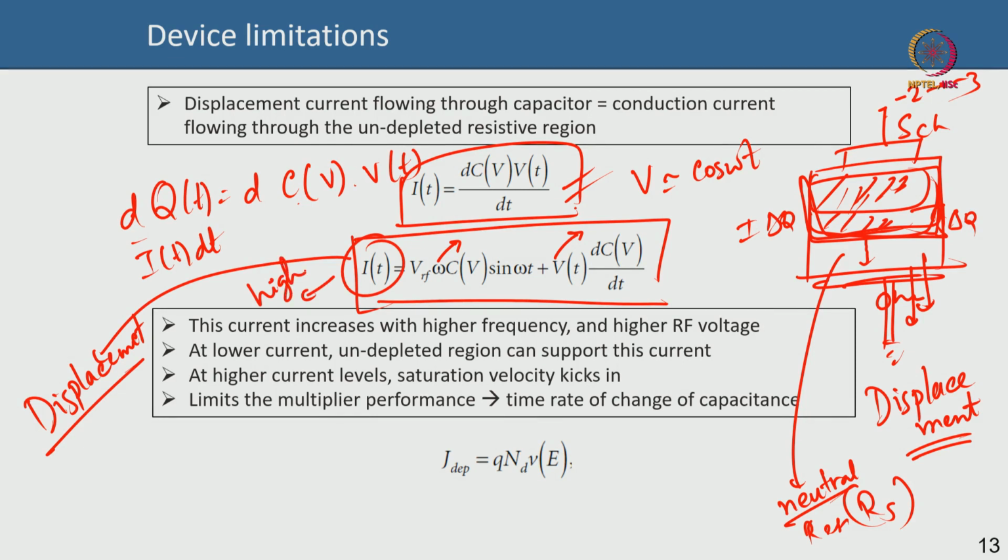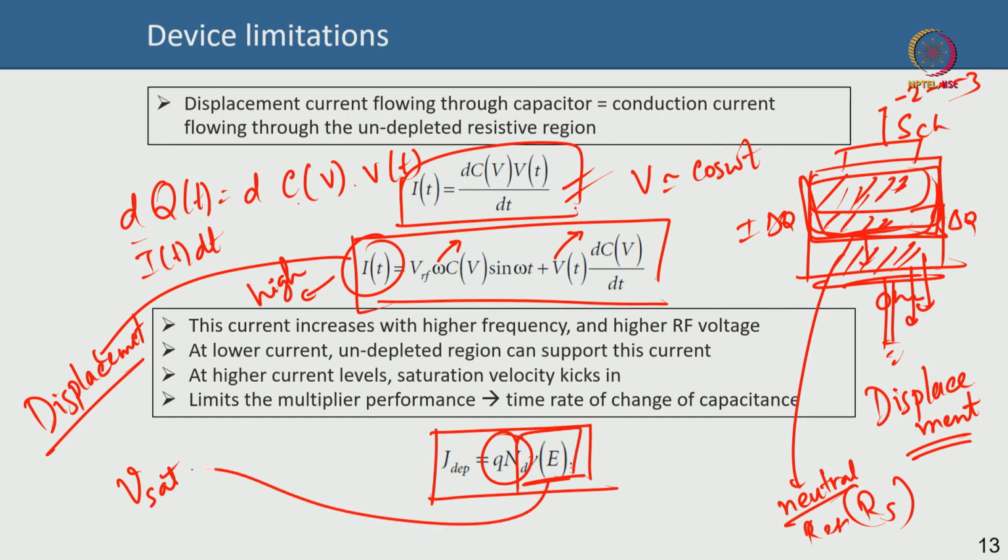At lower or modest current levels, the resistive region can support that, because in the resistive region, the neutral region, there is some voltage drop, and as you are increasing the voltage or the frequency, you are getting more current. The resistive region can support that current, but at one point saturation velocity kicks in, and the maximum current that can flow is the product of charge, which is doping times the q, into the velocity.